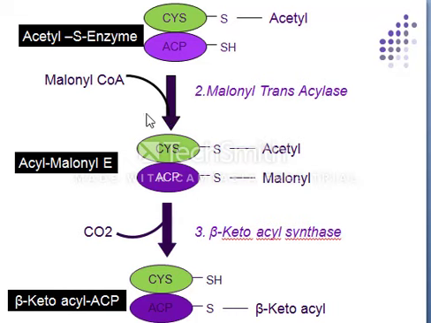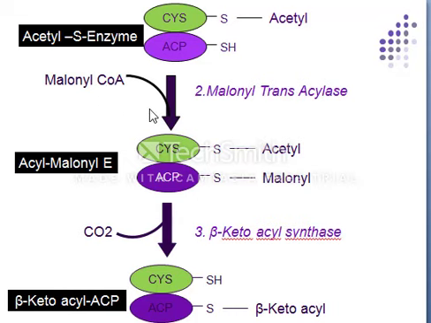Now the enzyme malonyl CoA ACP transacylase, or malonyl transacylase, transfers the malonyl moiety, and this malonyl moiety loses carbon dioxide, which was added by acetyl CoA carboxylase in the previous step.